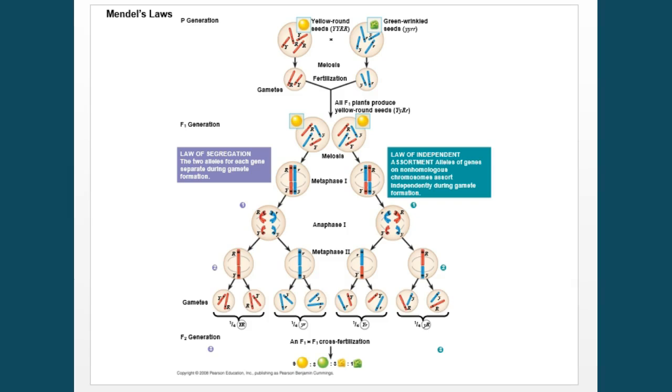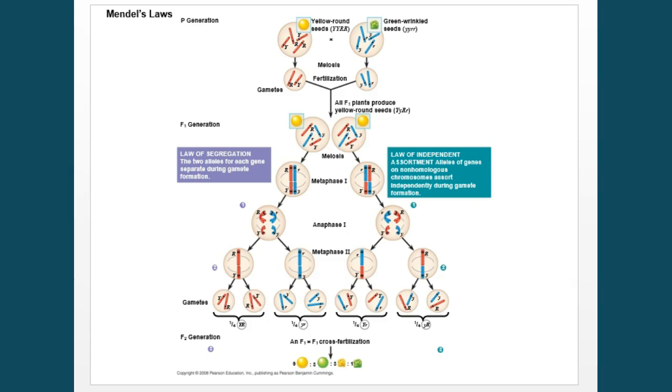This figure shows how we can correlate the results of one of Mendel's dihybrid crosses with the behavior of chromosomes during meiosis. The arrangement of chromosomes at metaphase I of meiosis and their movement during anaphase I account for the segregation and independent assortment of alleles for seed color and shape.